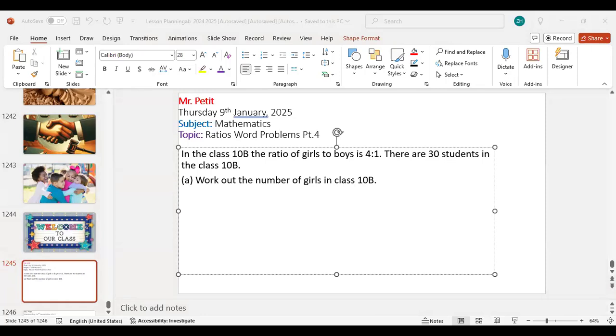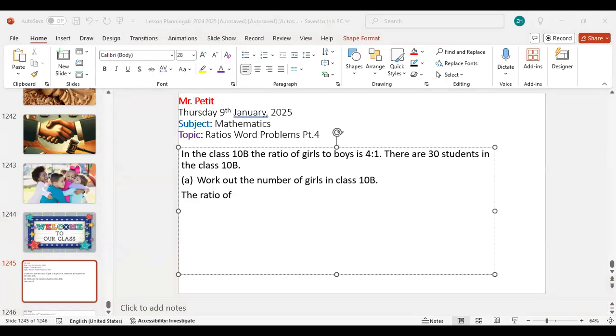The next question says, this is part B. The ratio of girls to boys in class 10C is 3:2.